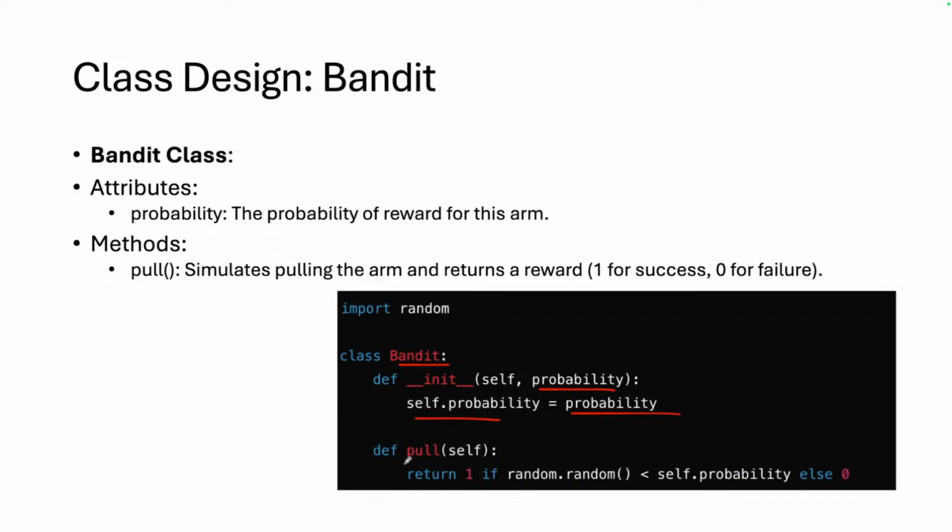Every time you call pull on this bandit, then we say if this random number, this is how you do randomness in Python, random.random, is less than the probability of this machine, then we're going to give you a reward. Otherwise, we're going to give you nothing. So this is all that's defined in a bandit class. It's pretty simple, pretty straightforward. It just has a static probability and it dispenses a reward.